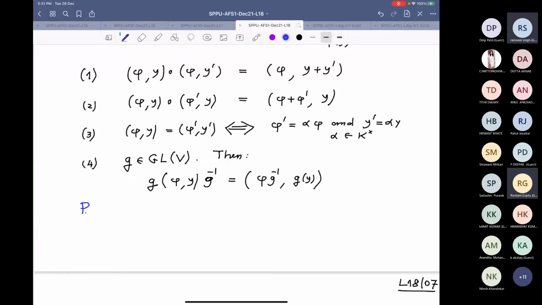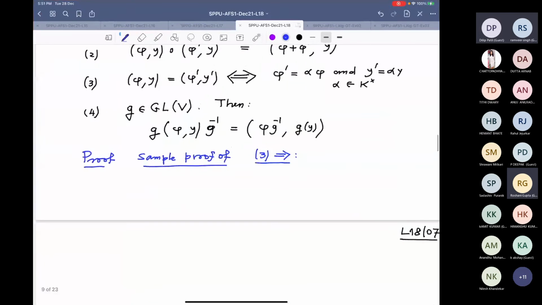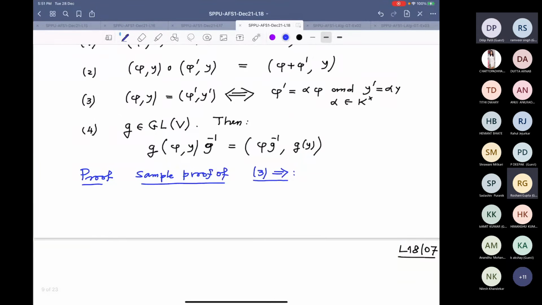So proof. I will give a sample proof of three, in this direction. That means assuming this, I want to prove this. All right. What is given now? These pairs are equal. That is given.